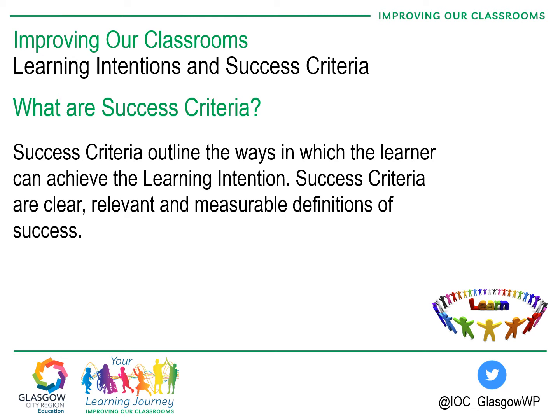Relevant, we spoke about relevance again. The children need to see, where can I use this? Where is this making sense to me? And for me, the key, the most important part, is that they are measurable definitions of success. And I will go on and explain what we mean by that they have to be measurable.